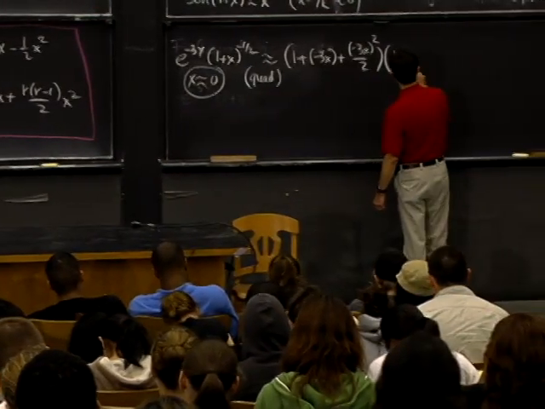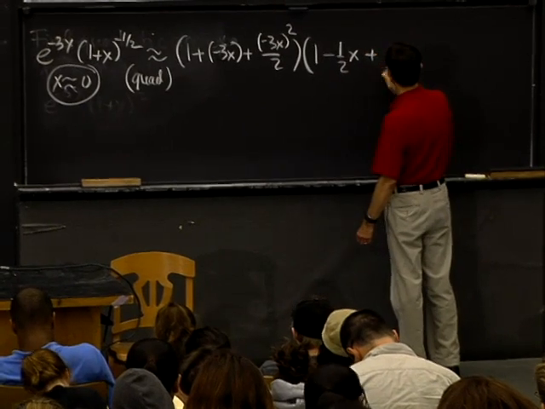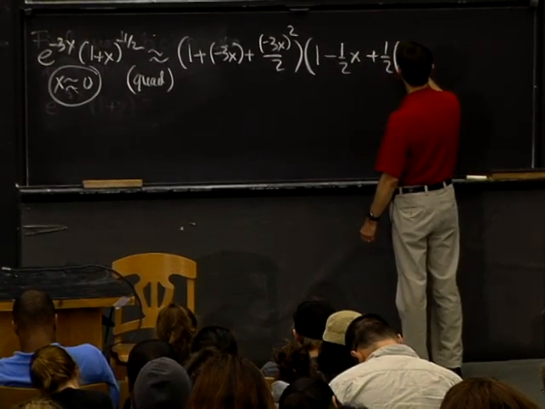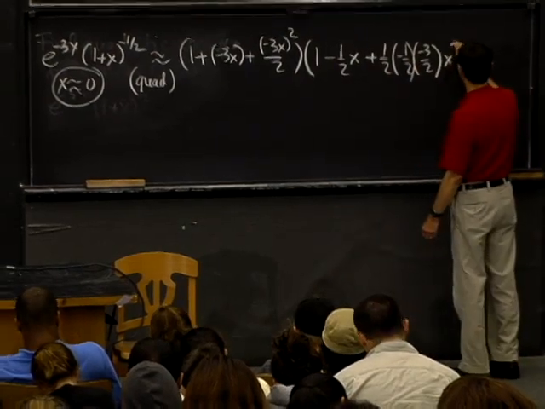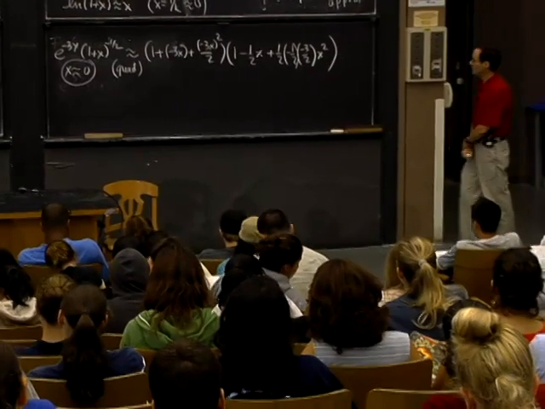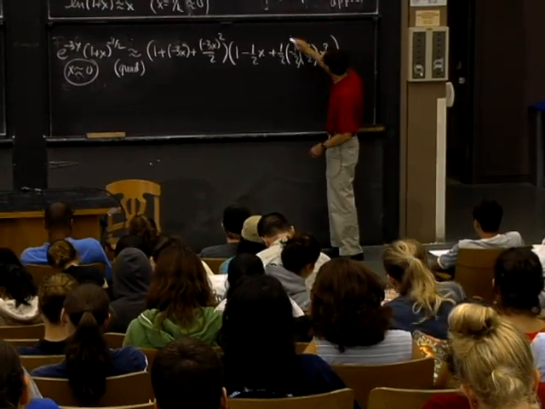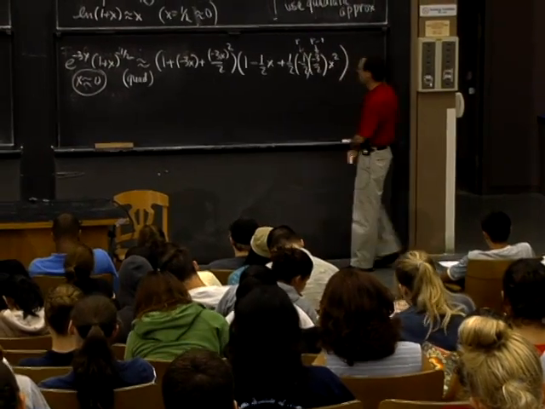And so that's 1 minus a half x plus a half times minus a half times minus 3 halves x squared. So this is the r term, and this is the r minus 1 term.